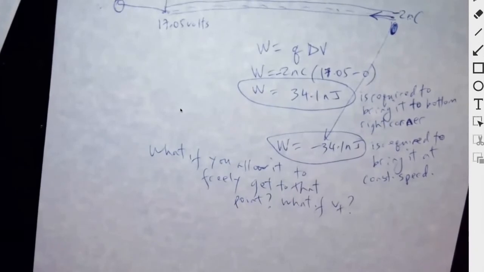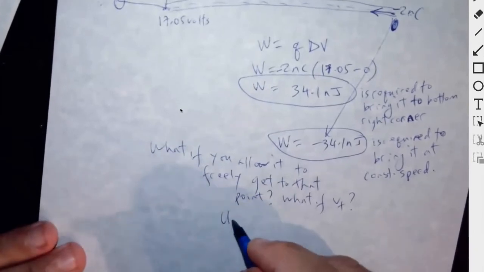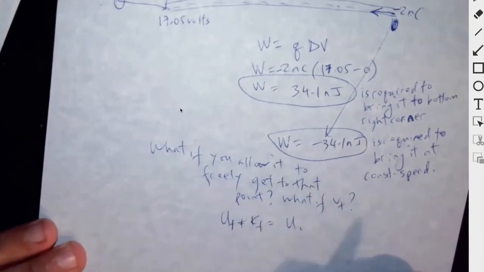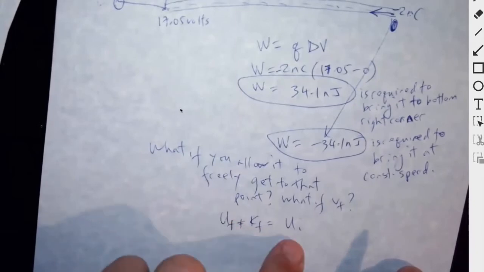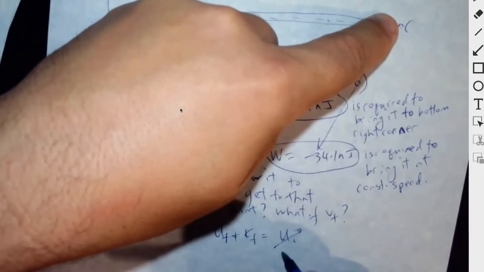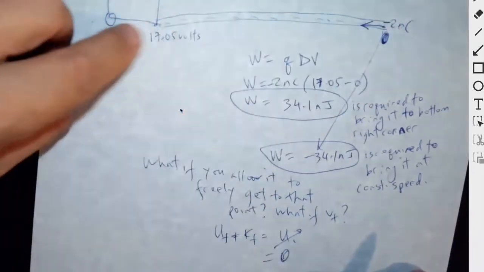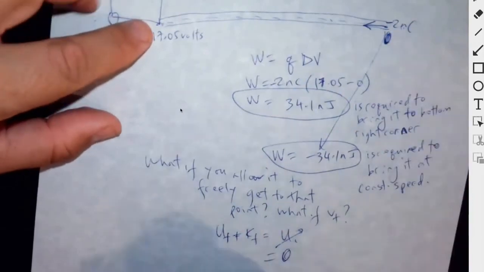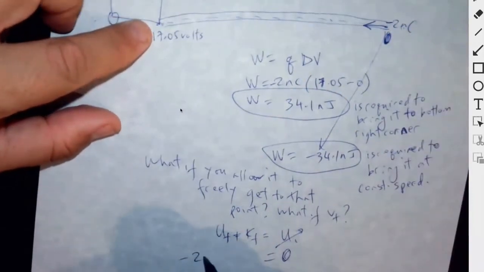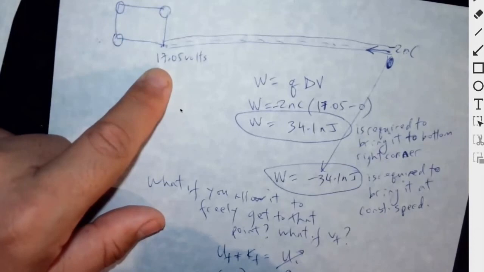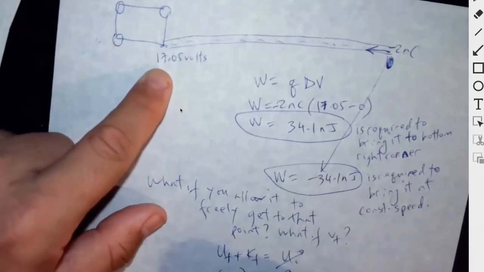We can approach it from this point of view again: U final plus K final is U initial, conservation of energy. The potential energy that it has at infinity is 0. The potential energy that it has at that point is its charge, in nanojoules, times the voltage there, plus its kinetic energy.